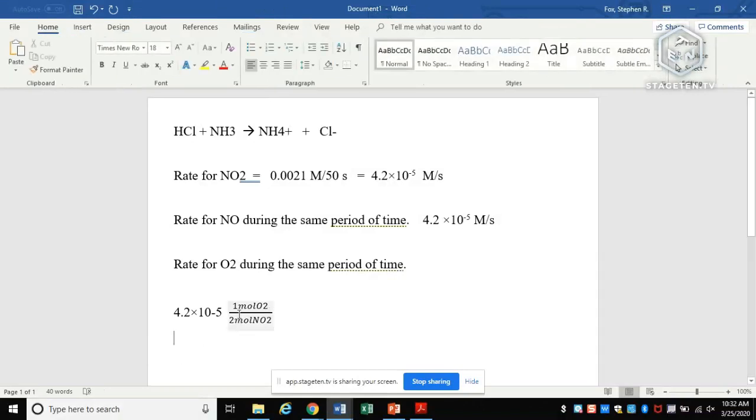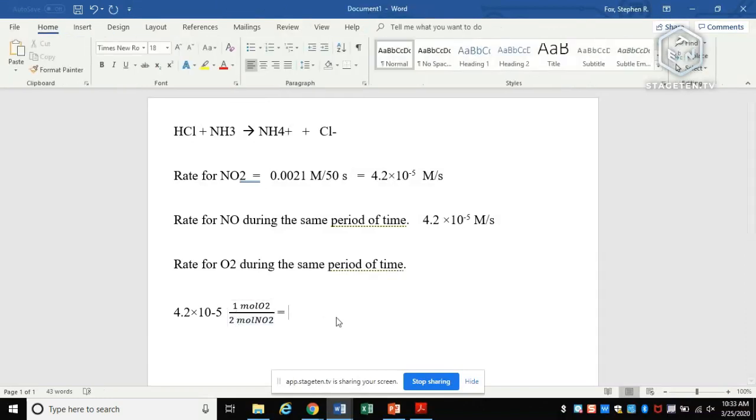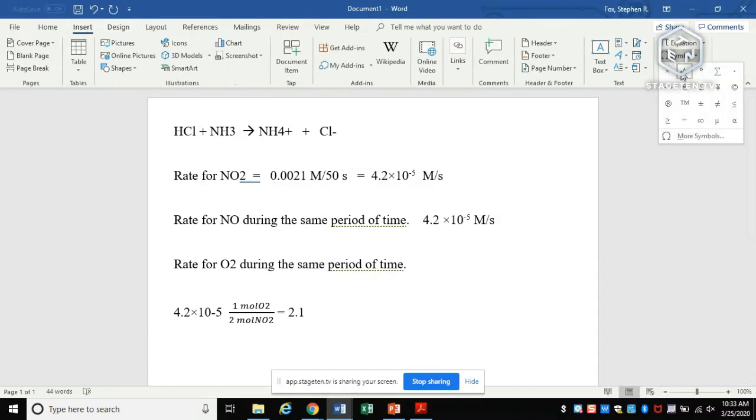So we multiply by our mole ratio, which we get from our balanced chemical equation, and that gives us our rate of formation for oxygen.